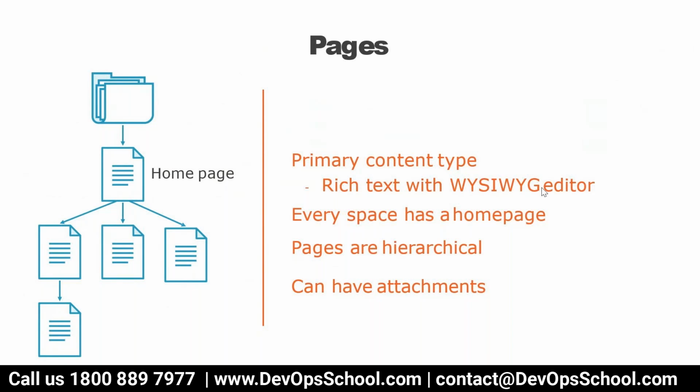Pages are the primary content type, which has a rich text editor. Every space has a home page, and pages are hierarchical, meaning this is a home page, parent, child page like that. And you can have attachments and many more things.